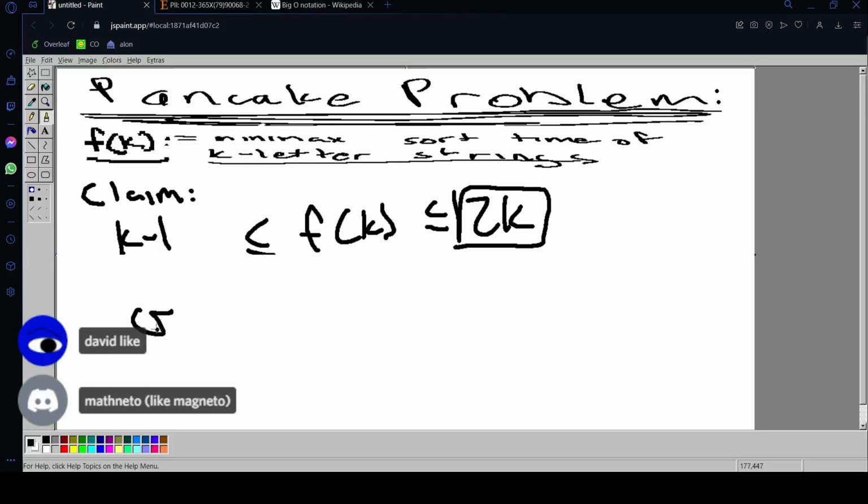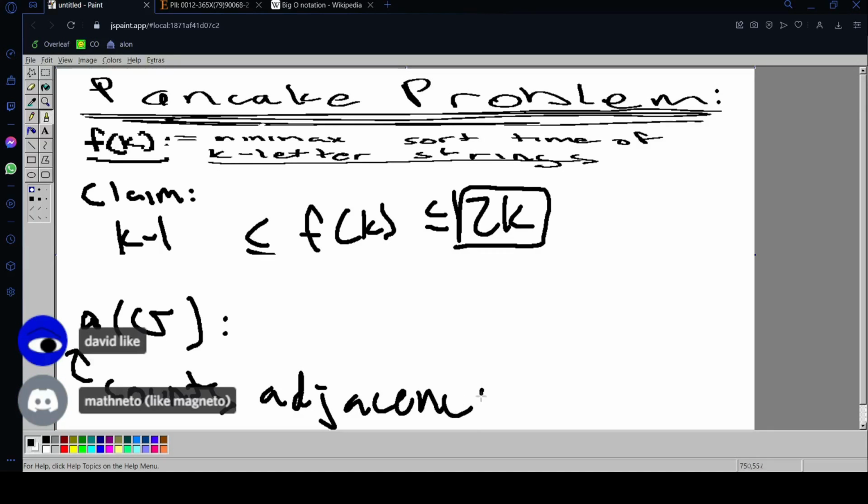And now what we're going to do is find A of sigma, which is going to count the quote-unquote adjacencies in sigma.